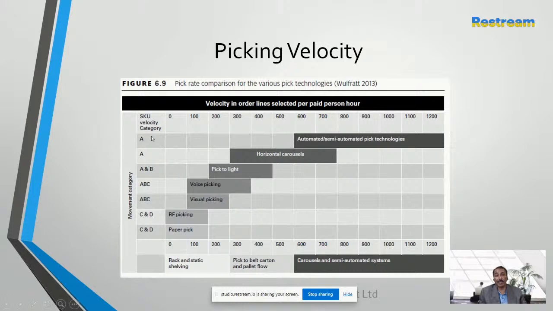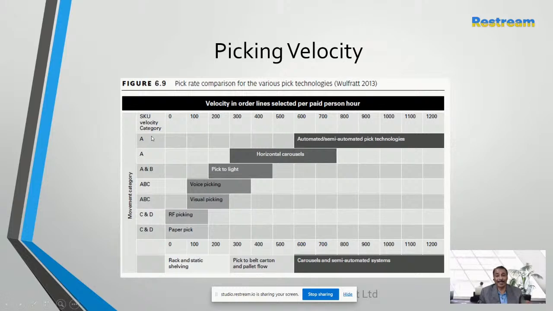FSN analysis has to be made in the warehouse stock, which means fast moving, medium moving, and slow moving have to be identified. And when you talk about a fast moving item, you cannot be doing manual picking. This is where you need automated or semi automated picking technology.